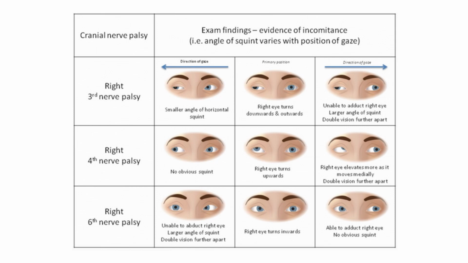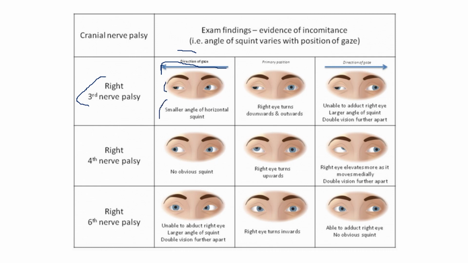So let's look at the cranial nerve palsies here and what we would see on exam. A right third cranial nerve palsy: we're going to see this deviation of gaze. We're going to have a smaller angle of horizontal squint. See the squint in the eye here.